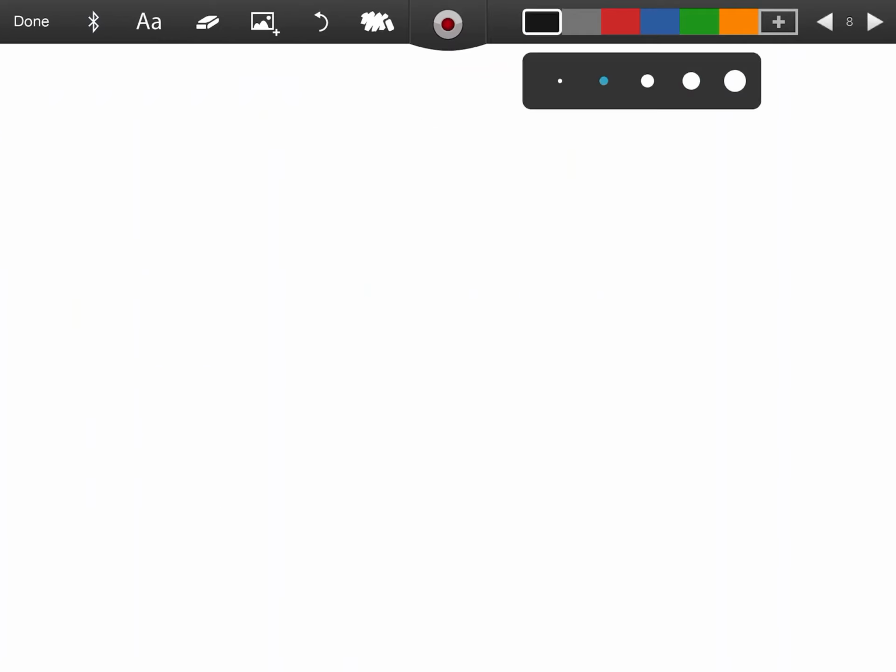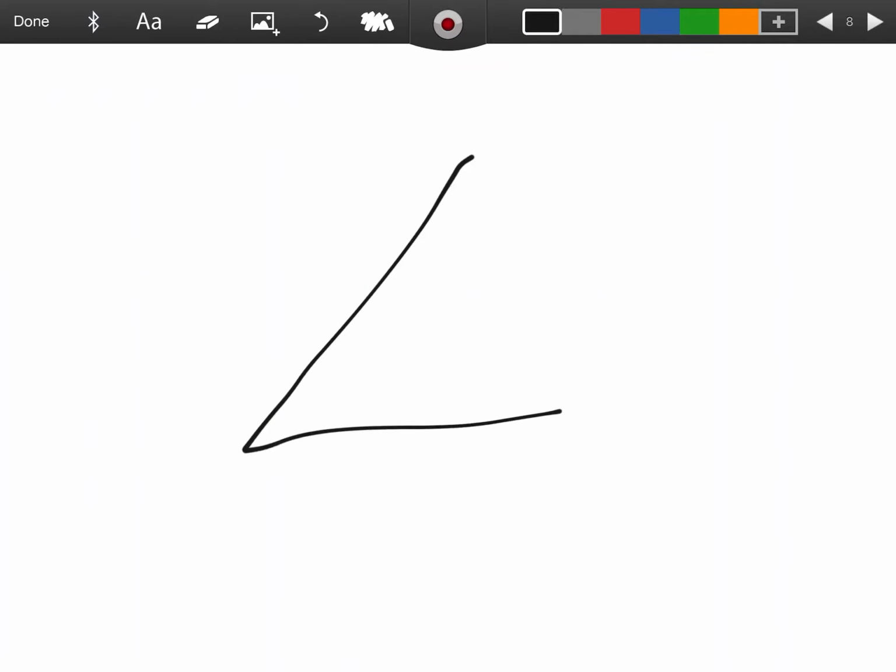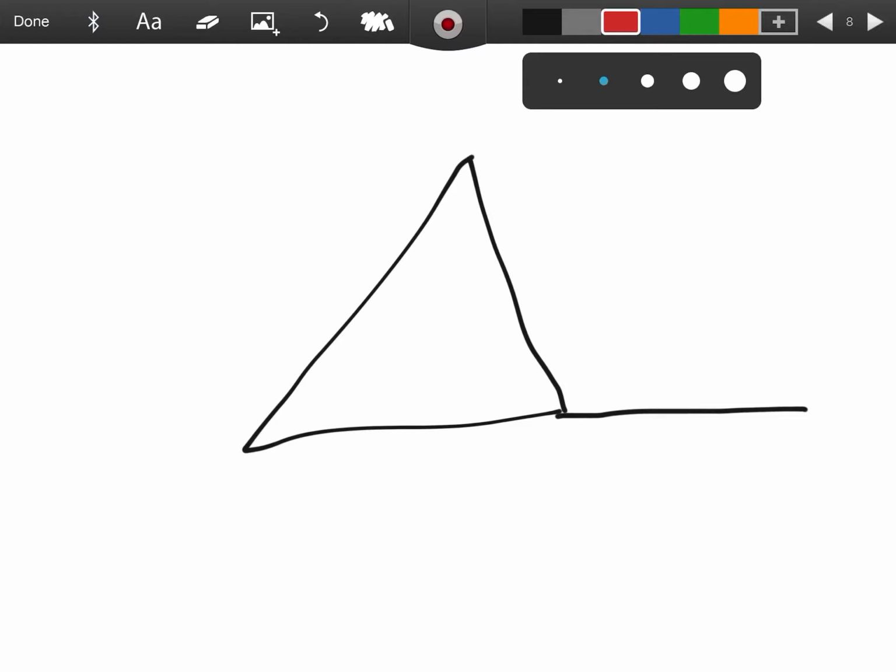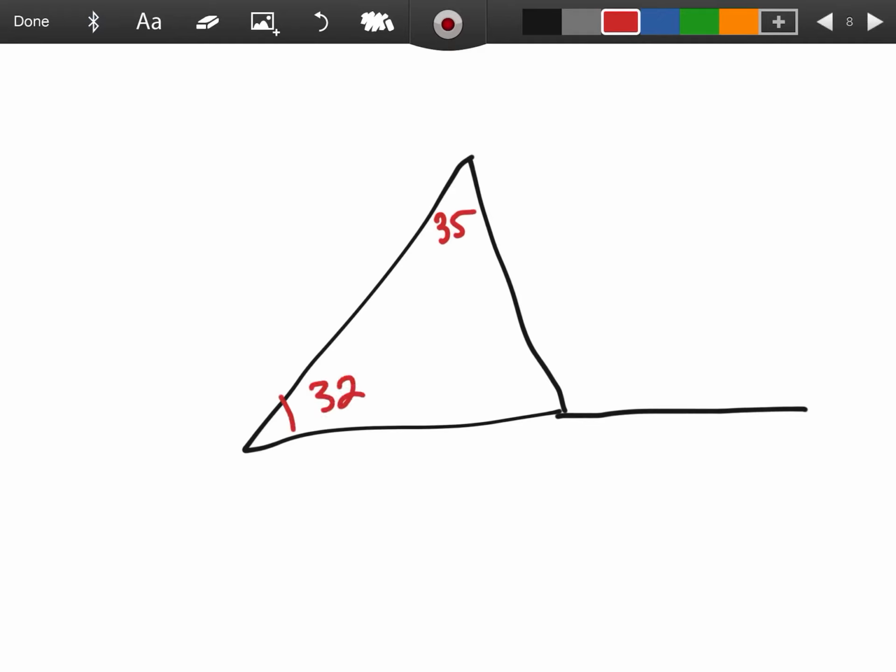So for example, let's say that we have some triangle here. And then we have this, boom. And let's say I know that this here is 35. This here is 32. All right.